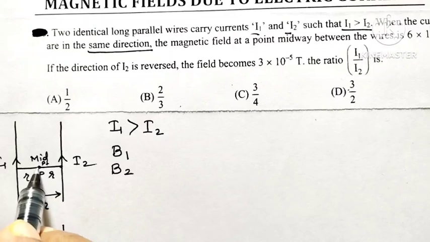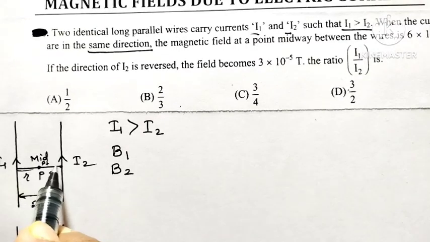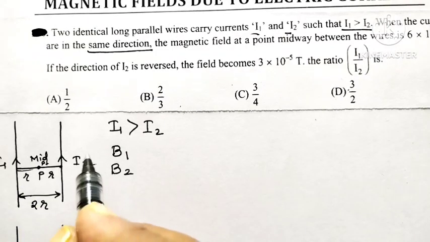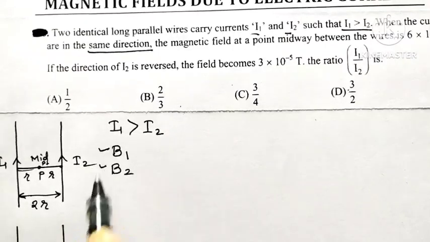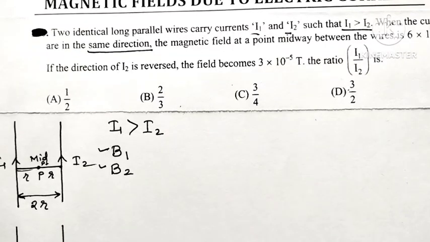Then at the point P, midway between the two parallel wires, these magnetic fields are opposite in direction.